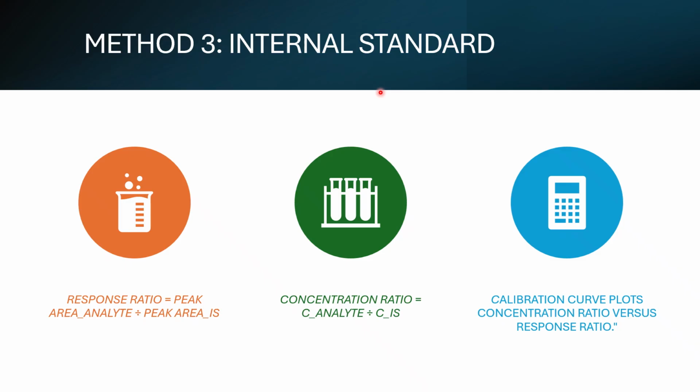Now, instead of measuring the absolute peak area, you measure the ratios. You calculate the ratio of your analyte peak area to your internal standard peak area for both your standards and your sample. That is, as you can see here, the response ratio is equal to the peak area of the analyte divided by the peak area of the IS.